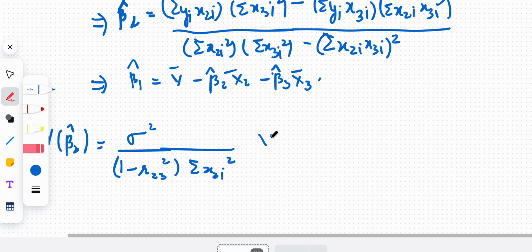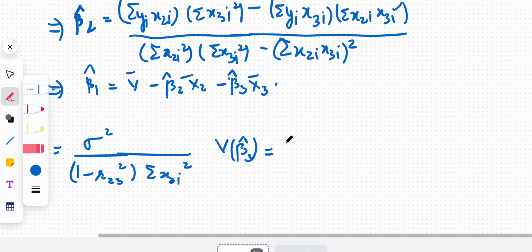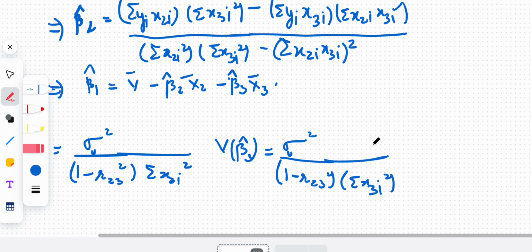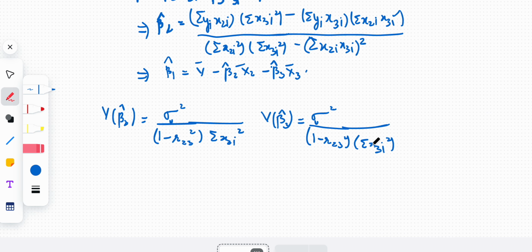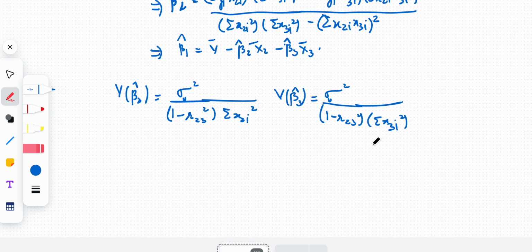Similarly, the variance of beta 3 goes like this, so this would be my variance.